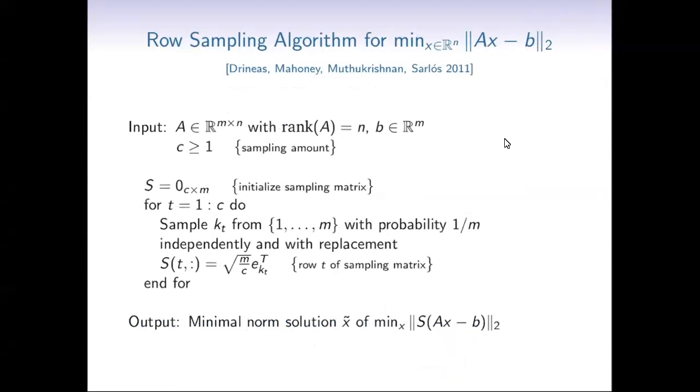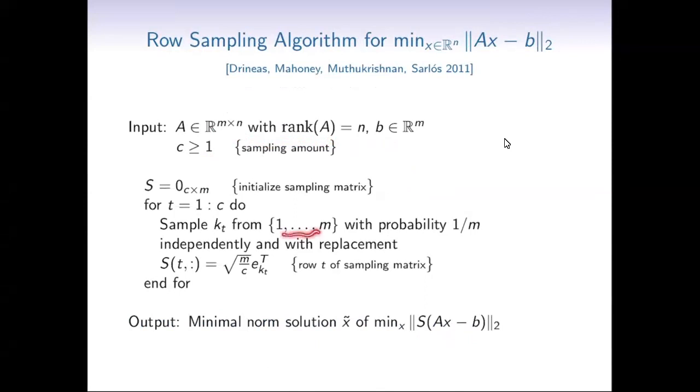So here is then the row sampling algorithm. You input the matrix, the right-hand side, and the sampling amount. And then you construct your sample. So this is a conceptual algorithm. I mean, you wouldn't really construct the sampling matrix because this is just a pointer, right? But just to illustrate the ideas, let's suppose we construct the sampling matrix explicitly.